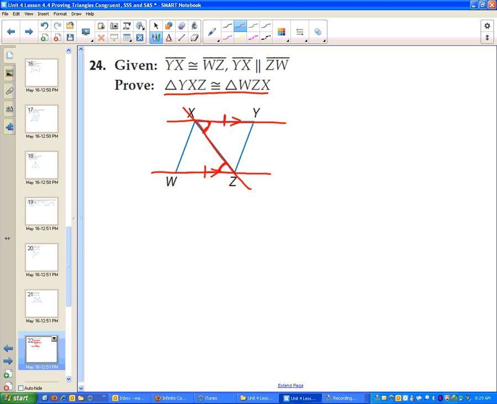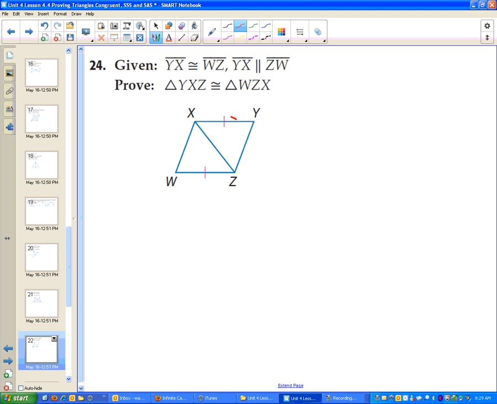So I've got a pair of sides, now I've got a pair of congruent angles, and then notice how segment XZ is in both of our triangles? Well, it's congruent to itself, isn't it? So I can do side, angle, side, right? I'll have side, angle, side, congruent to side, angle, side. So I've got a plan.